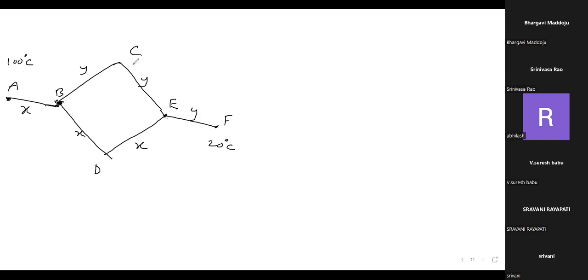That's why I'll consider this whole thing as one section, one rod, and I'll calculate effective resistance. Now, resistance of this AB. Look here, thermal conductivity.